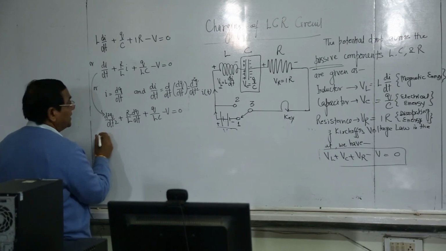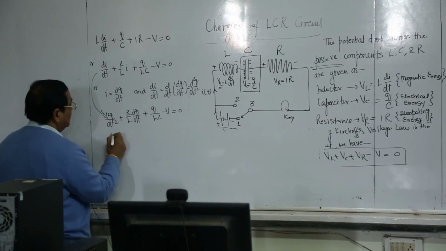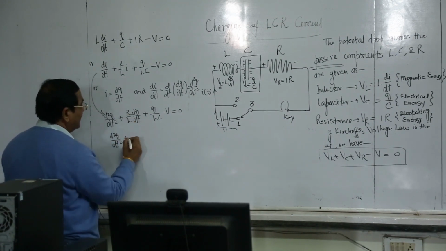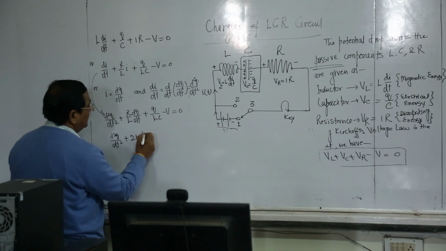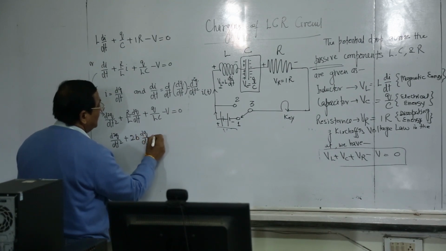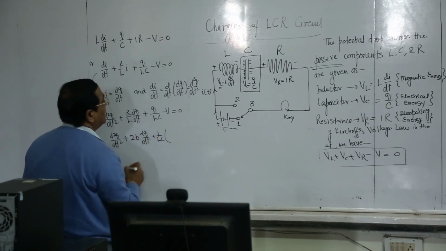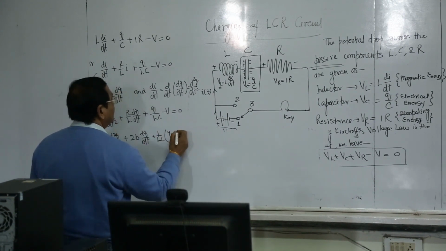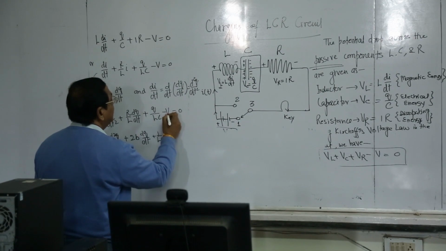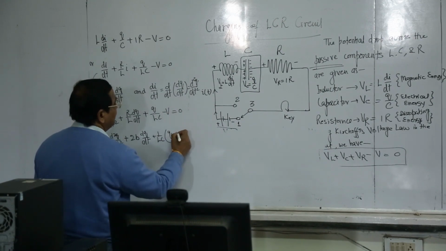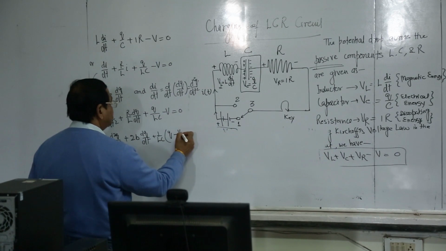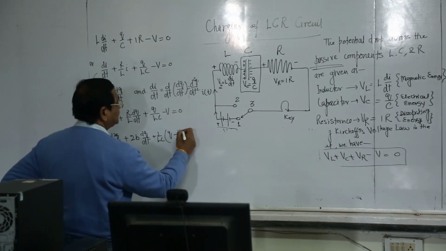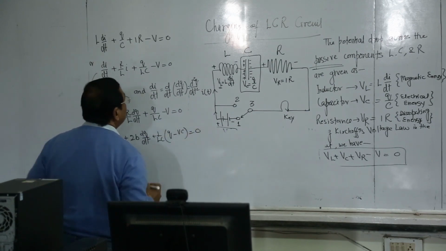So we can also express this as d2q by dt square plus R by L, which is supposed to be 2b, dq by dt plus 1 by LC, if you take it common, then q minus V, is equal to 0.